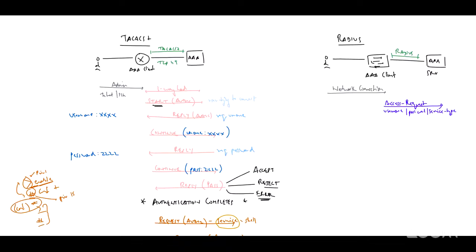Okay, so username, password, the AAA server does the authentication, and then the AAA server is also doing the authorization. So there is no separate authentication and authorization in RADIUS. This single message acts for both authentication and authorization.